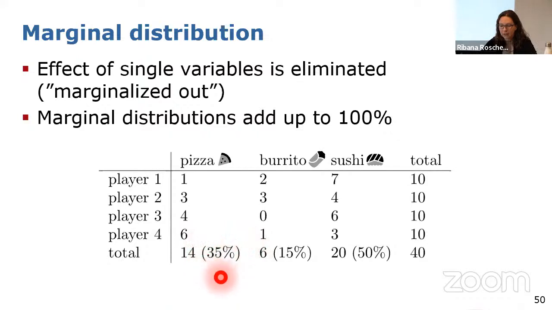Then you can compute percentages from it, and this also sums up to 100%. And if they order food, it will most likely be sushi. So marginal contribution is the contribution of a player or a feature when other effects are marginalized out.